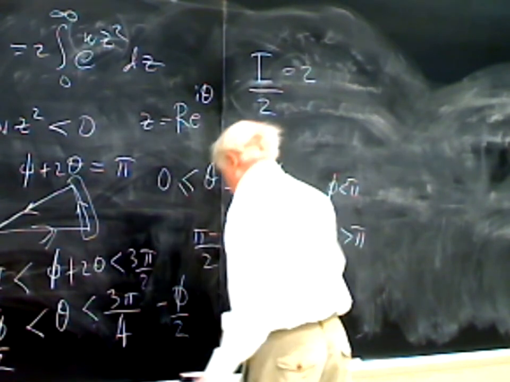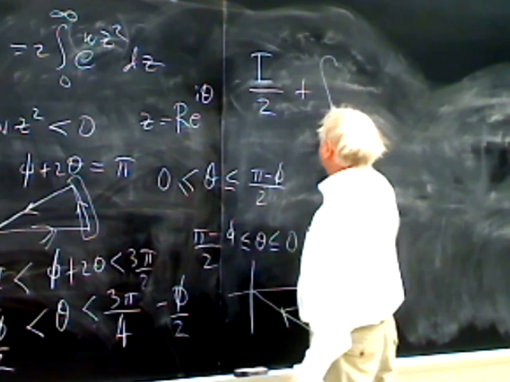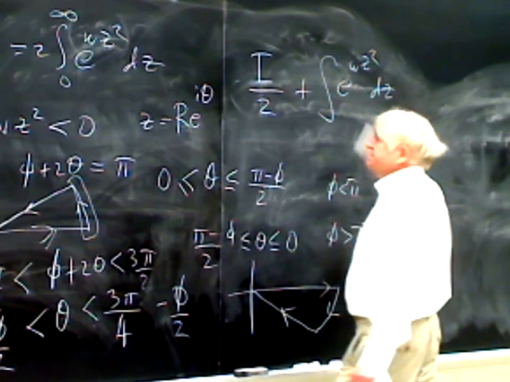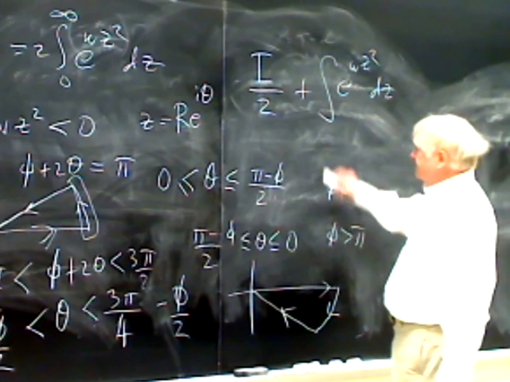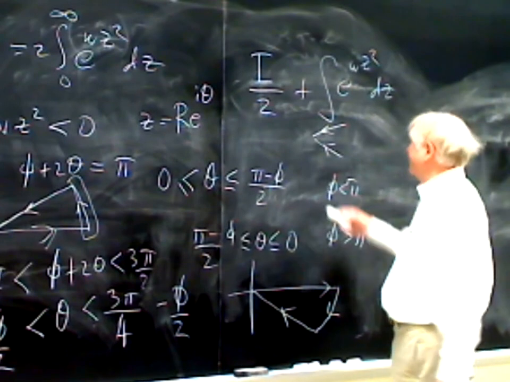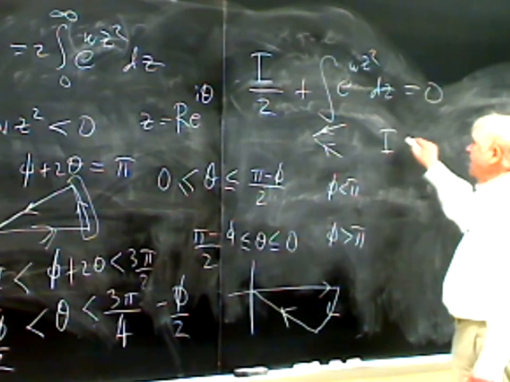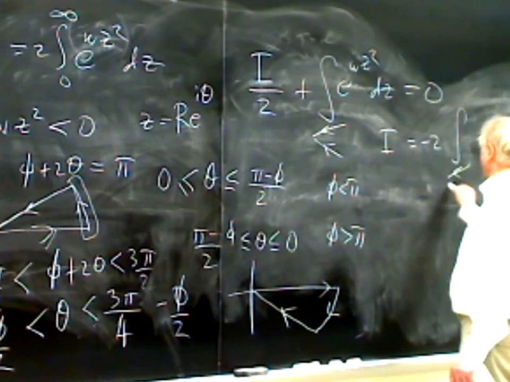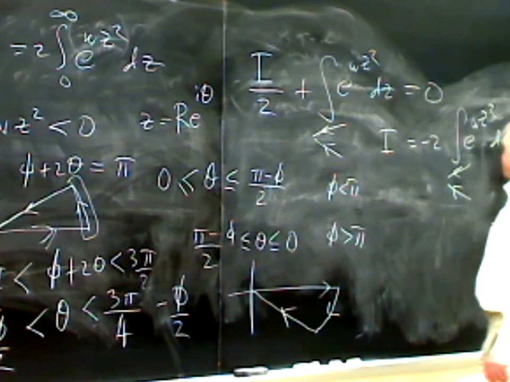And so the rule we have is I over 2 plus this integral e to the wz squared dz along this pizza slice, the edge of the pizza, which is either like that or like that, depending on where phi is, is equal to 0. And so that means I is minus twice the integral either this way or that way, e to the wz squared dz.